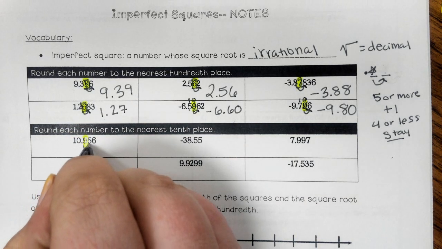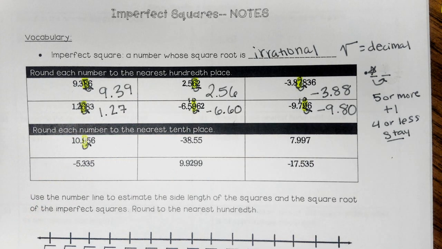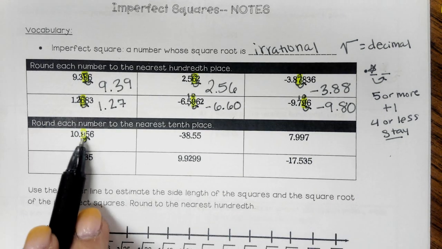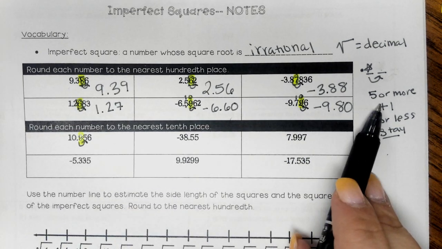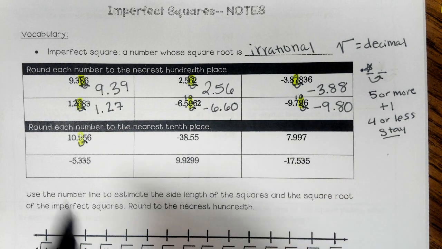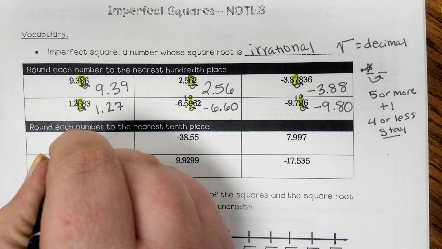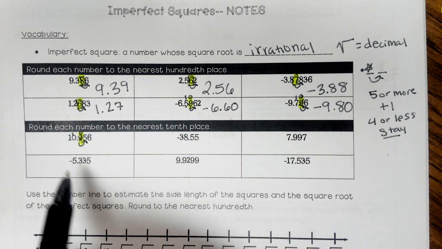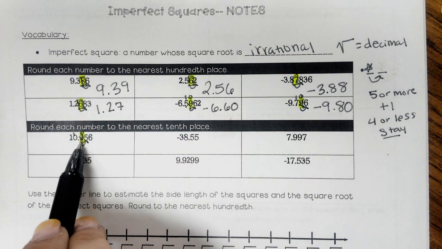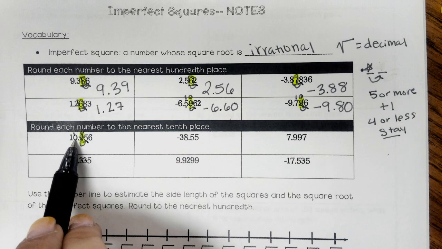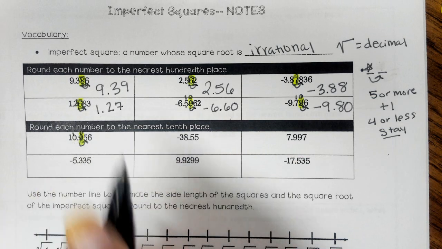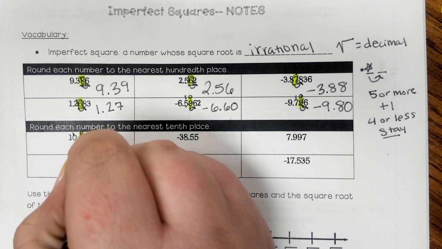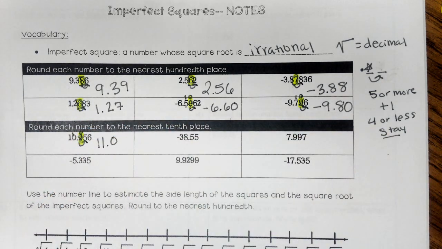To decide if I should go up or stay the same, I look at the number right behind it. 5 falls into 5 or more, so I need to add 1 here. I'm adding 1 to 9, which would make this 10. The 0 is going to be in the 10th spot, and for the 1 spot, I'm combining a 0 and a 1. So we have 11.0.